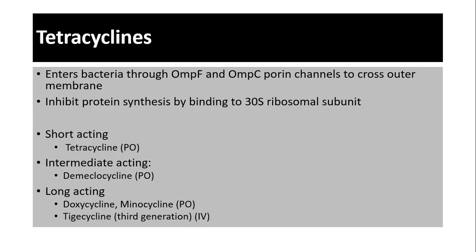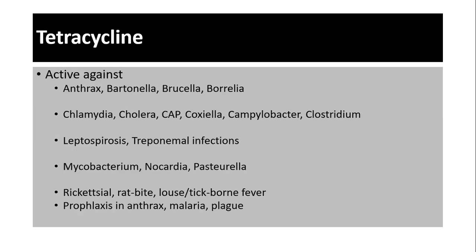Doxy and minocycline are available in oral form, while tige is available in IV. It has activity against different organisms like anthrax, Bartonella, Brucella, Chlamydia, Campylobacter, Clostridium, Leptospira, Mycobacterium, Nocardia, Rickettsia, and is also given for prophylaxis against anthrax, malaria, and plague.